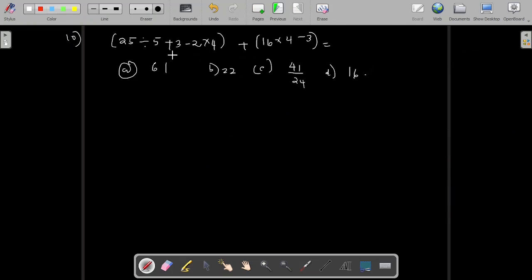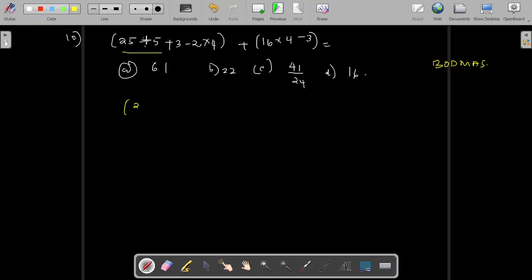The 10th question. This is the given question. We have to evaluate this using BODMAS rule. So bracket, then first all this, then the division and multiplication, if it appears, that has to be done first, then addition and subtraction at the end. So first keep the brackets as it is.